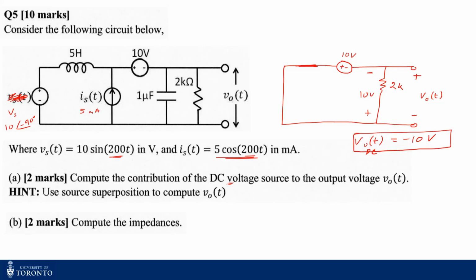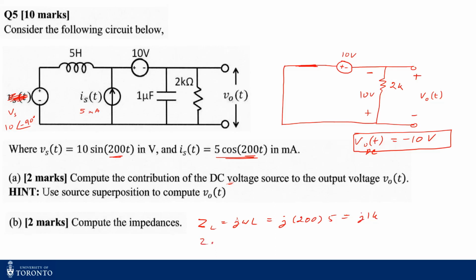All right. In part B, I have to calculate the impedances, right? By impedances, they mean the reactances. ZL is equal to j omega L, so that's j times 200 times 5, which is j1k.